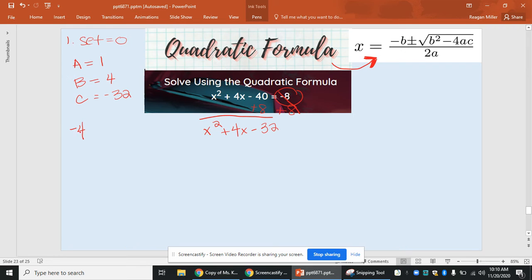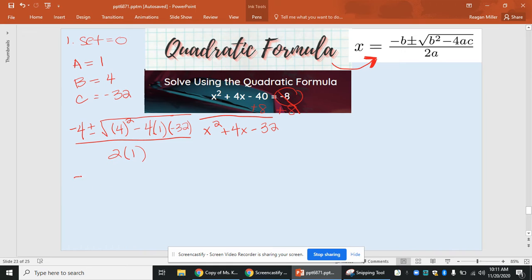So we had a +4, so I'm going to write a -4, plus or minus the square root of B squared. So again, that's 4, minus 4 times A, which is 1, times C, which is -32. All right, and that's all over 2 times our A value, which is 1.